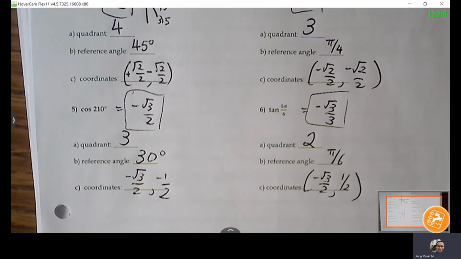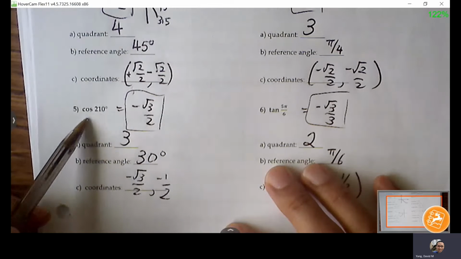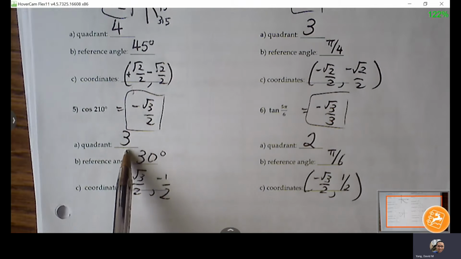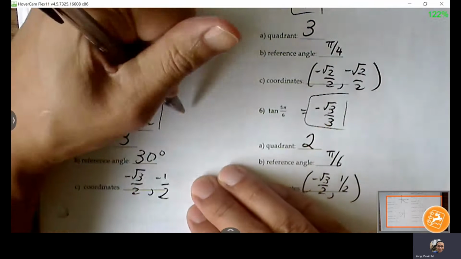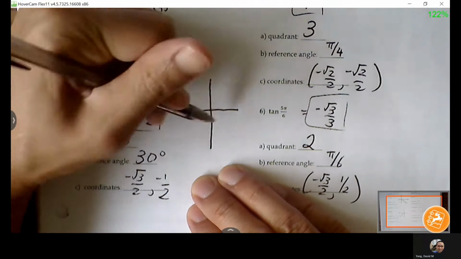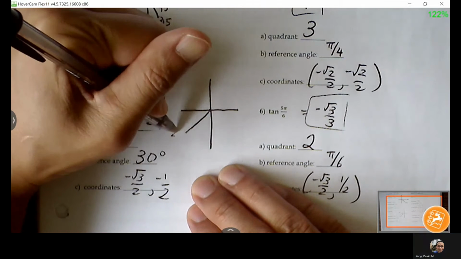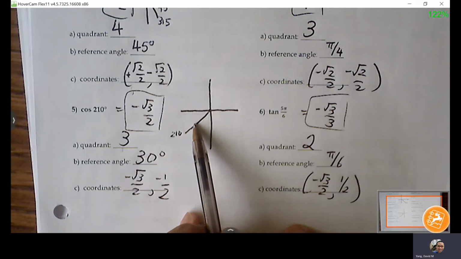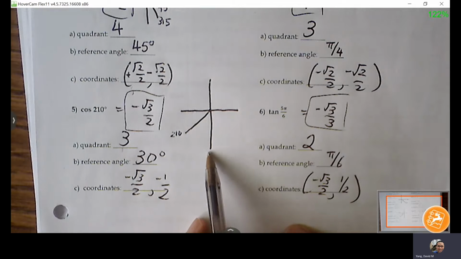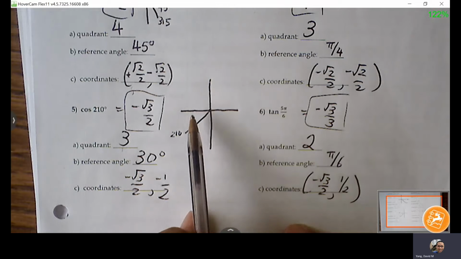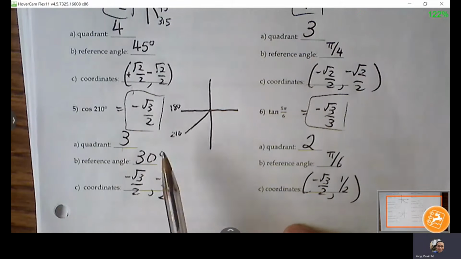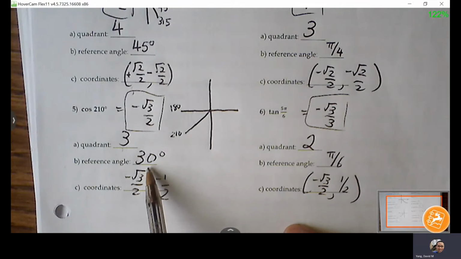Number 5, we have cosine of 210. First thing we have to understand is where that 210 is located. It's located in the third quadrant, so we can draw that out. Once you have that in the third quadrant, to find the reference angle you always want to subtract from either 180 or 360, depending on which is closer. Never involve 270, never involve 90. So 210 and 180 gives a reference angle of 30 degrees.